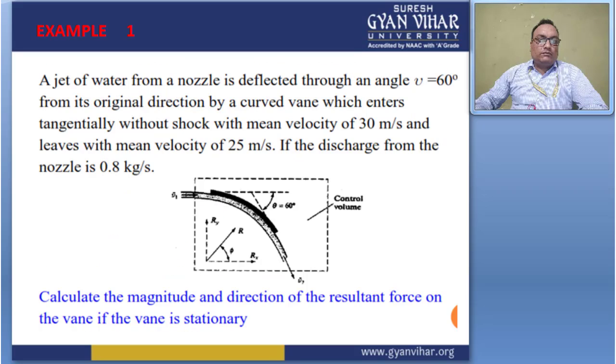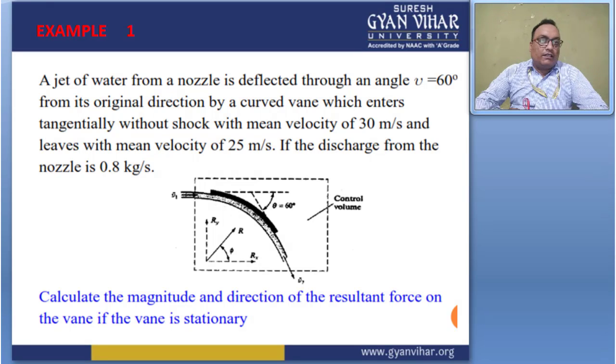This is an example. A jet of water from a nozzle is deflected through an angle, suppose here 60 degrees, from its original direction by a curved vane, which it enters tangentially without shock with a mean velocity of 30 meter per second and leaves with a mean velocity of 25 meter per second.